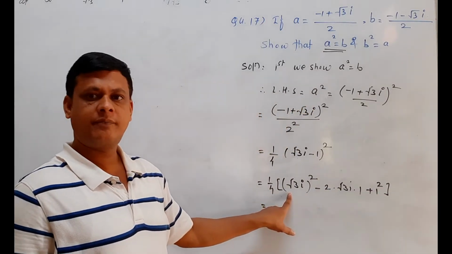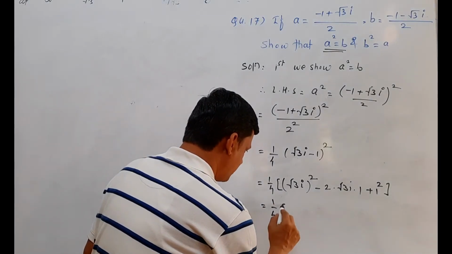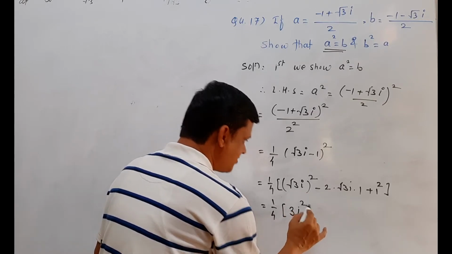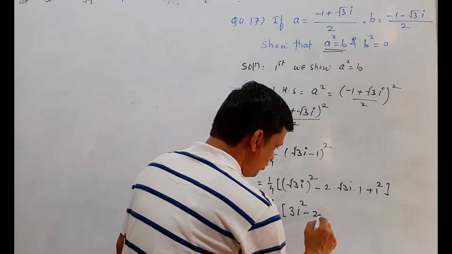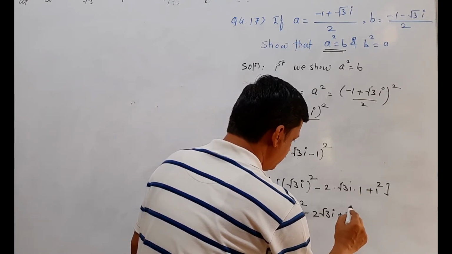So make the square of both terms. So we write here 1/4, square of root 3 is 3, square of i is i square, minus 2 root 3i, square of 1 is 1.